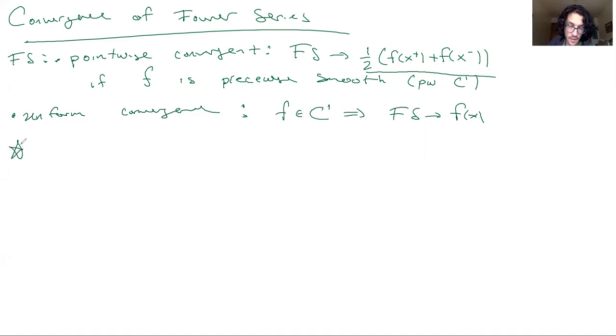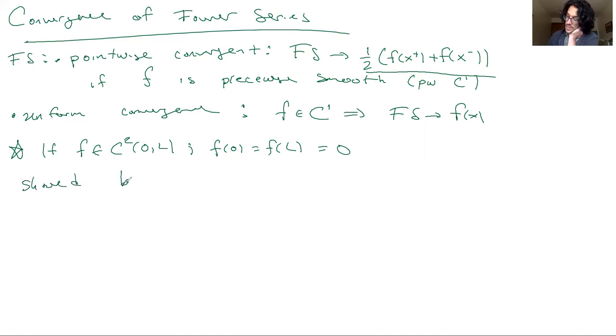And then the last thing we noted is that if f is C2, okay, let's say on 0 to L, and let's also take these boundary conditions, right, in order to make this calculation easier. And we showed, okay, that Bn is equal to 2 over L integral from 0 to L of f of x sine of n pi x over L dx, okay?